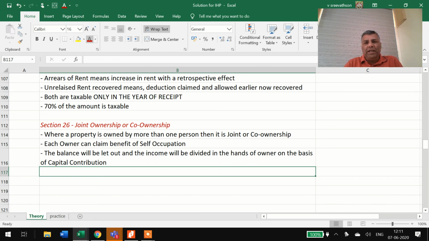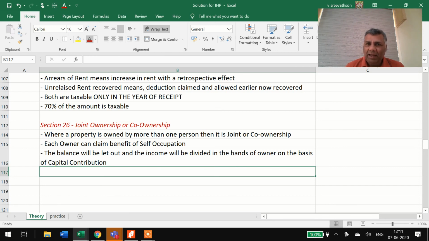If I look at the baseline, it says annual value of a property consisting of land and building appurtenant thereto, of which the assessee is the owner. So we know what is land and building appurtenant thereto means. We know ownership, co-ownership, deemed ownership. And we also know annual value.